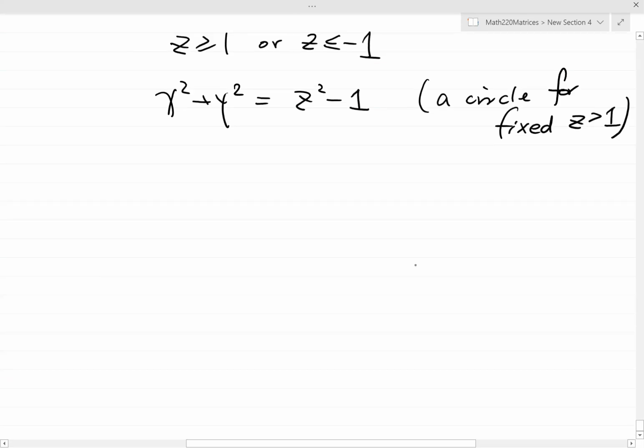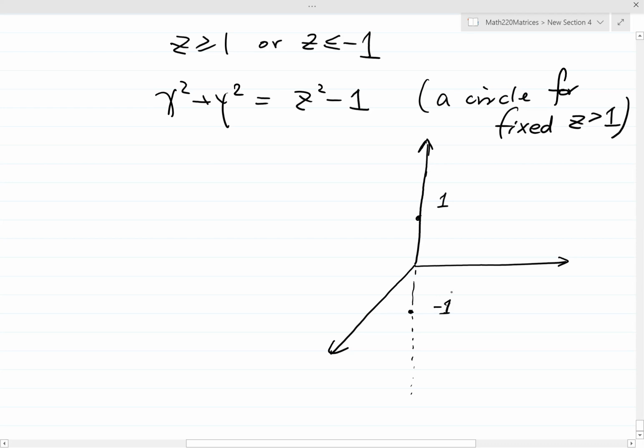Then let's just plot it. Remember, z is greater than 1 or less than negative 1. So suppose this is 1 and this is negative 1. For fixed z in this range, the cross section, if we cut along z horizontally, is a circle.